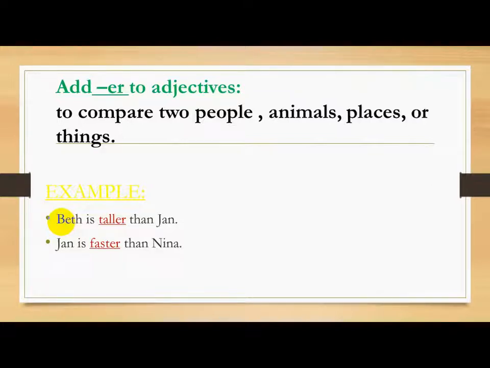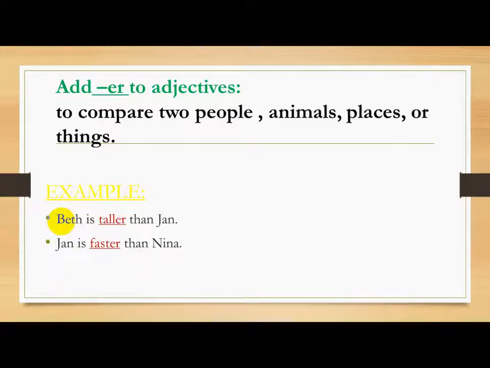So what should I do? I should put er to tall, to the adjective, then after taller I should put than. So one more time, Beth is taller than Jan. I'm comparing here between Beth and Jan, so I should put the adjective, then er, then followed by than.